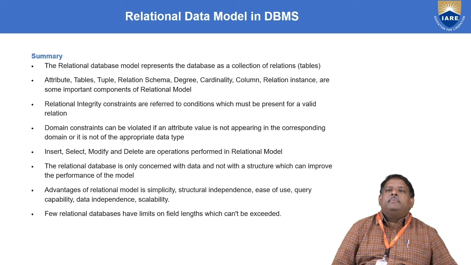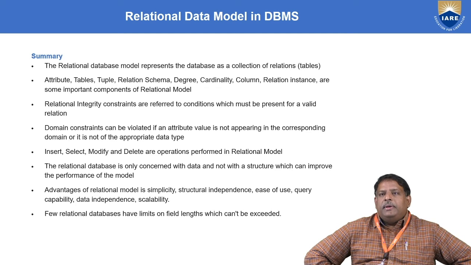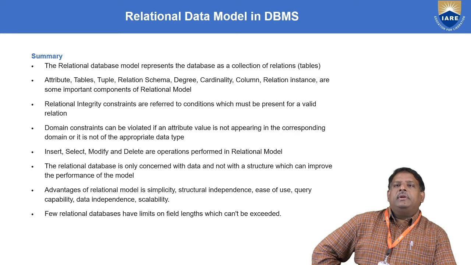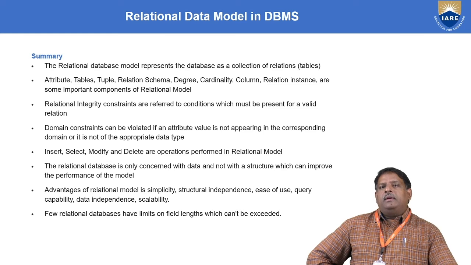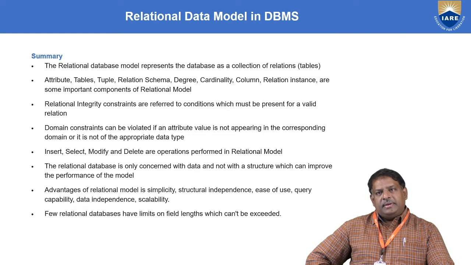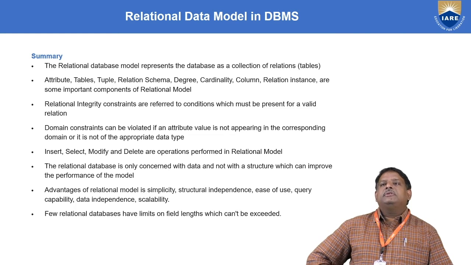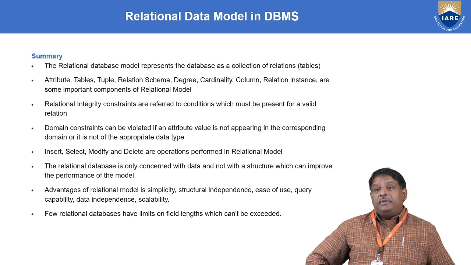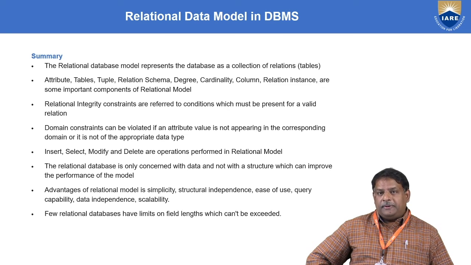Attributes, tables, tuple, relation schema, degree, cardinality, column, relation instance are some important components of the relational model. Relational integrity constraints are the conditions which must be present for a valid relation.